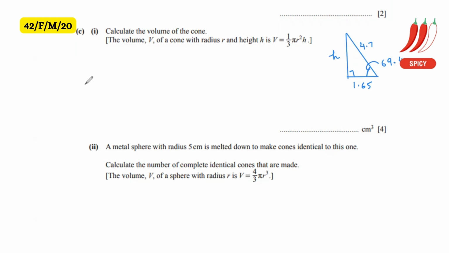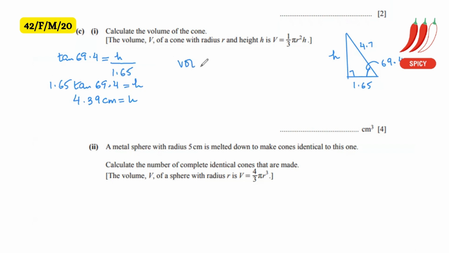I'm going to go with SOHCAHTOA over here and use tangent. Tan of 69.4 equals h over the adjacent. So 1.65 tan of 69.4 equals h, and that gives us 4.39 centimeters. That's your height.